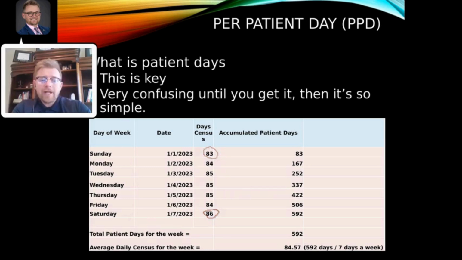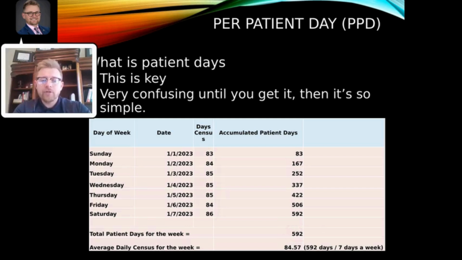So how many patient days did we have for that week? Well, add up the heads in the bed every single day, and you're going to get 592 patient days for that week.